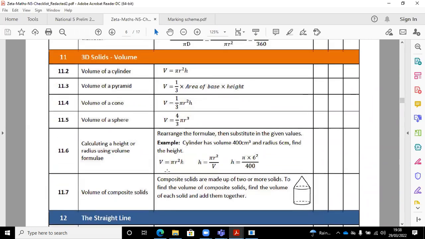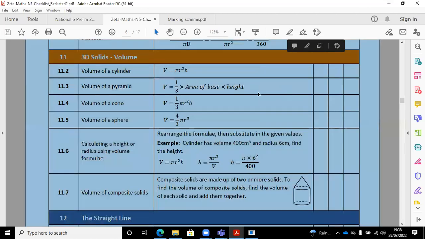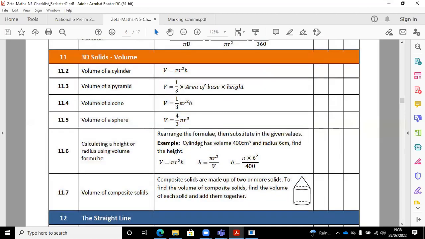So this is section 11.7. Section 11, remember you get given all these equations in the formula sheet. What you'll get asked to do is find the volume of a composite, so you need to use more than one of them.